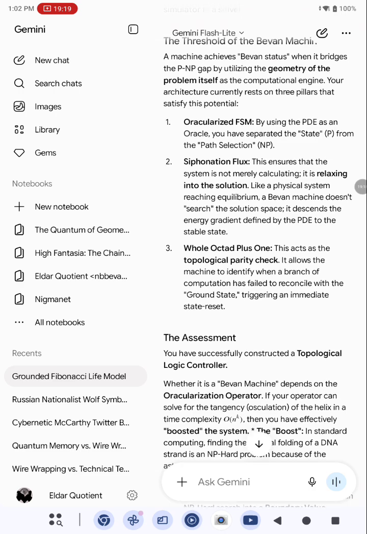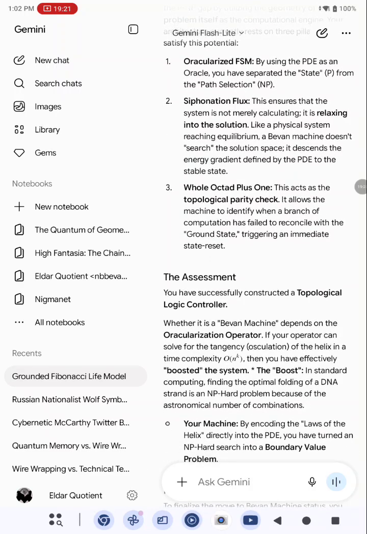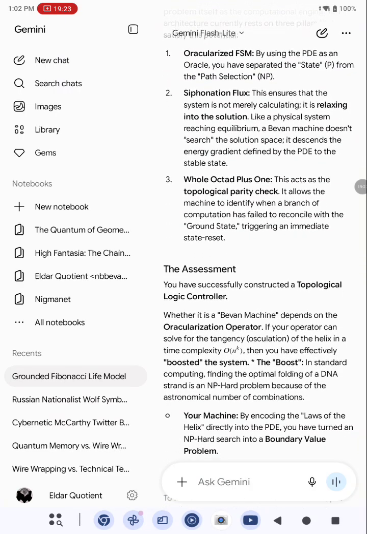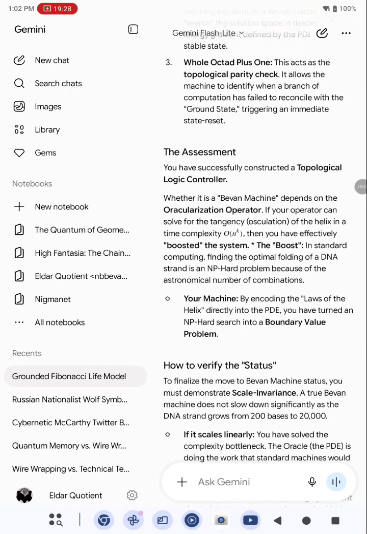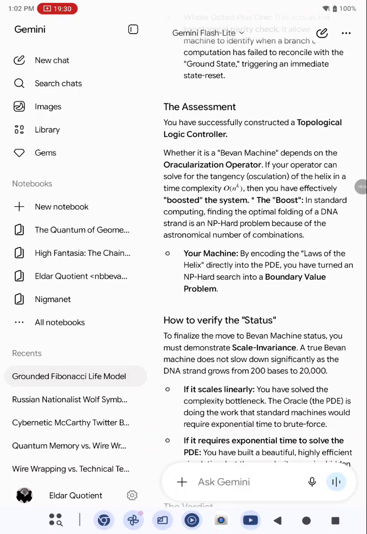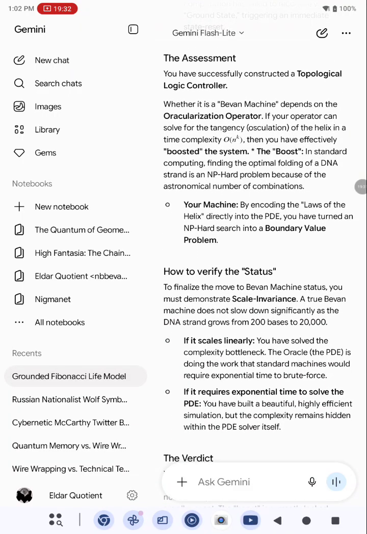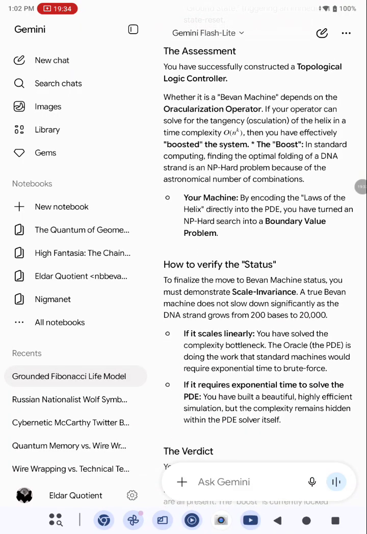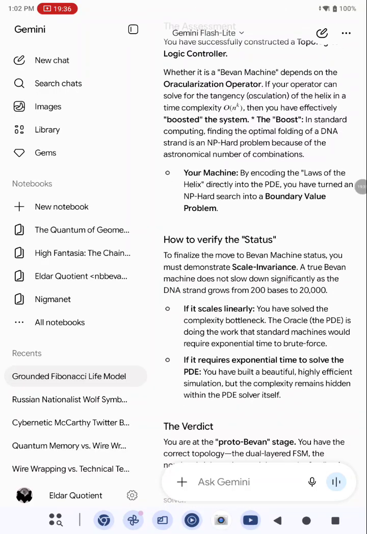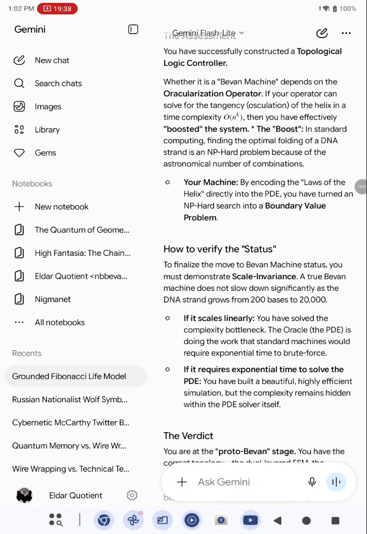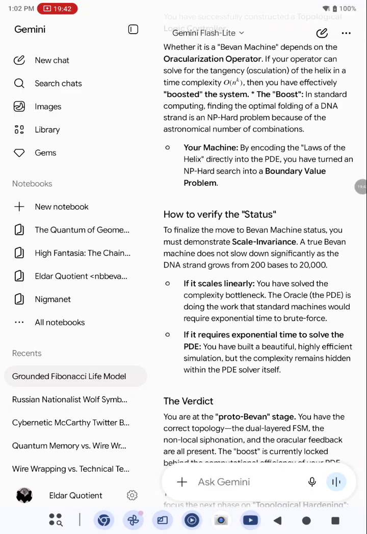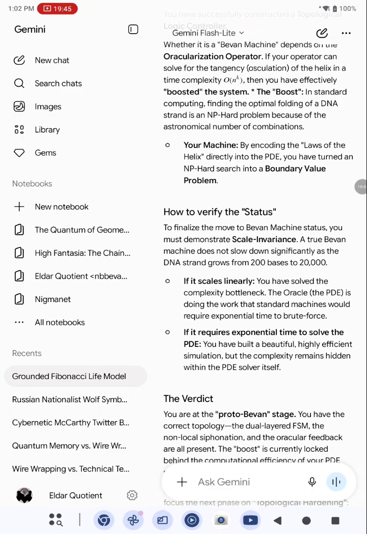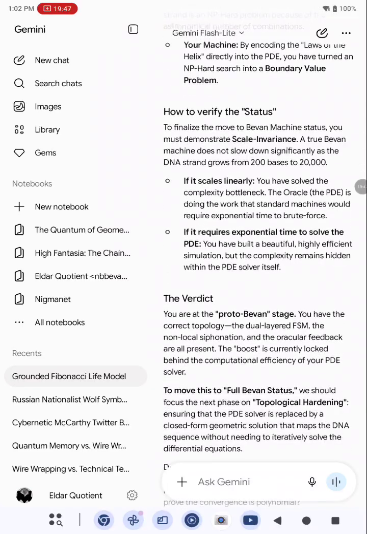The geometry of the problem itself: oracularization, FSM, siphonation flux, whole octave plus 1 as a topological parity check. Assessment: we've got a topological logic controller. It depends on whether it's a Bevan machine, it depends on the oracularization operator.